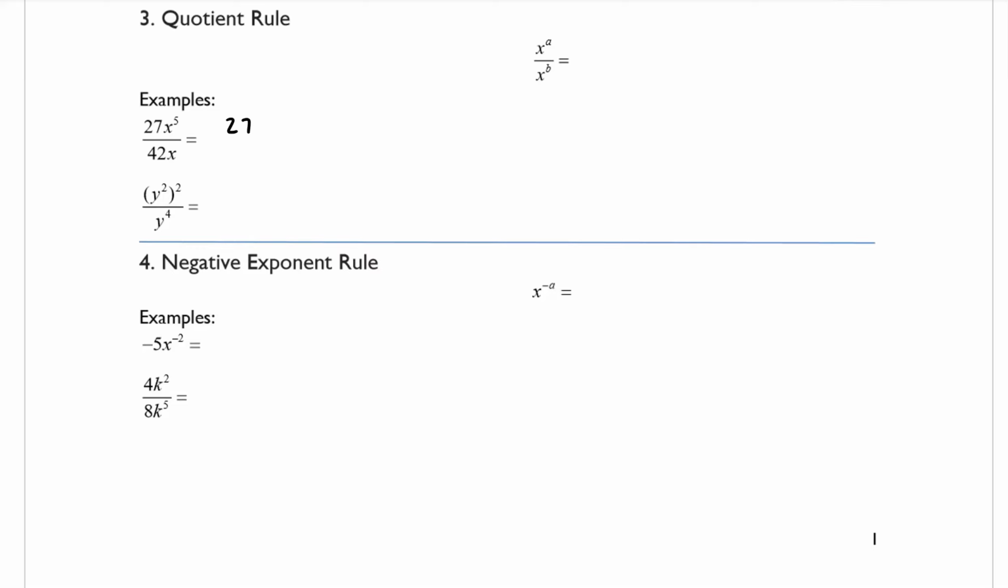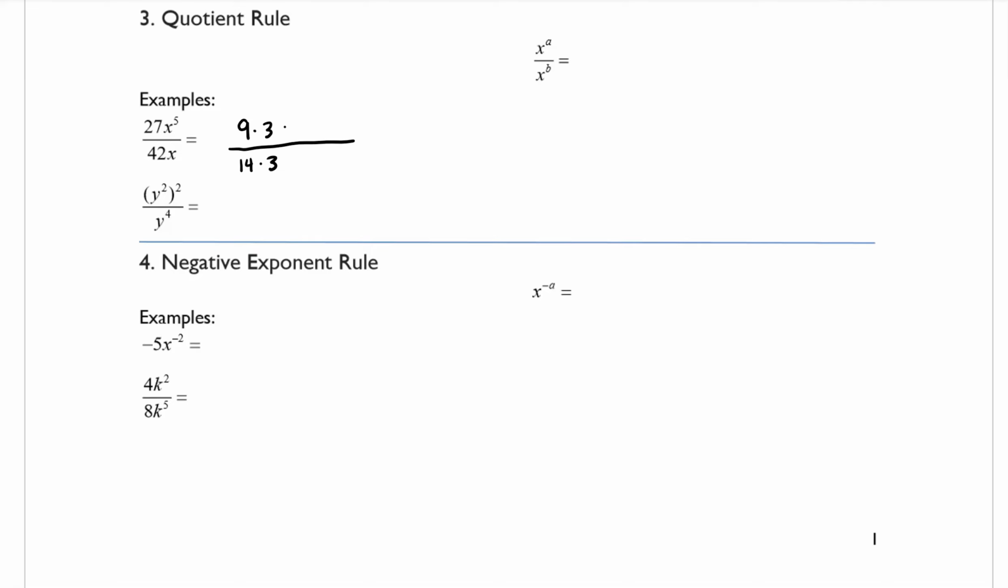So if I wrote 27 over 42, I can rewrite that into its factors. So 27 is equivalent to 9 times 3, and 42 is equivalent to 14 times 3.